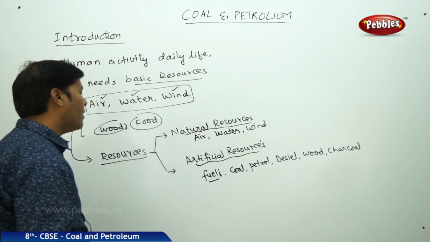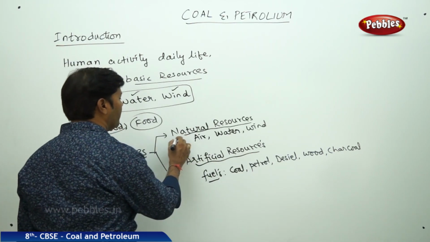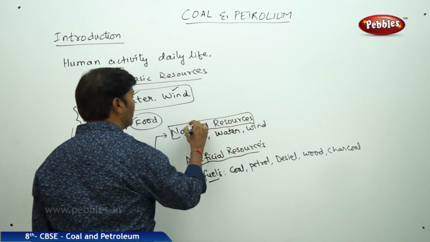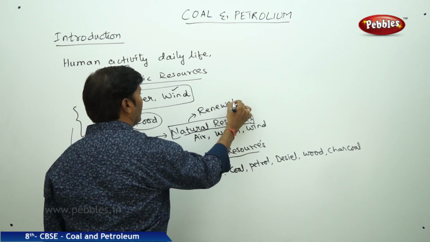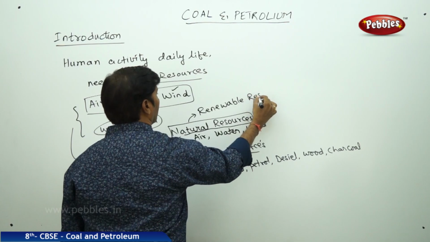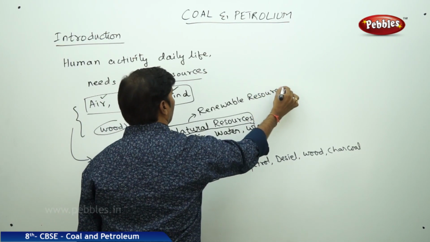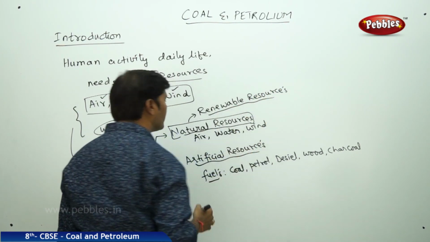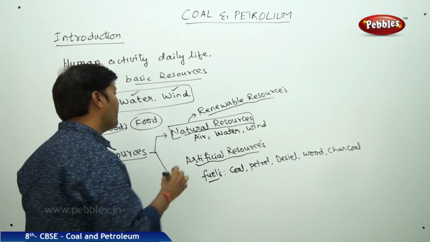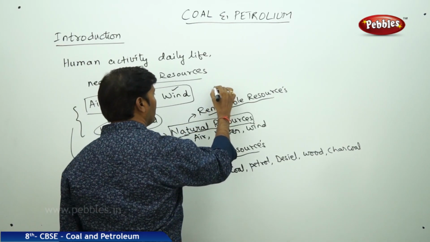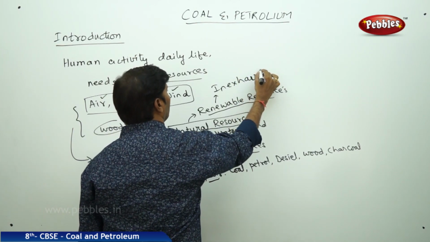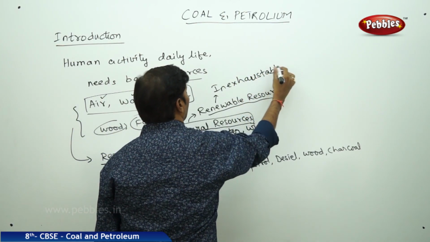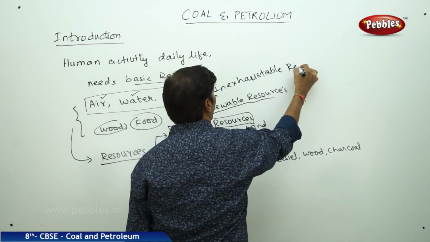So what we have to understand here is, when you say natural resources, these are renewable resources. These are renewable resources, that means inexhaustible. We can also say that they are inexhaustible resources.